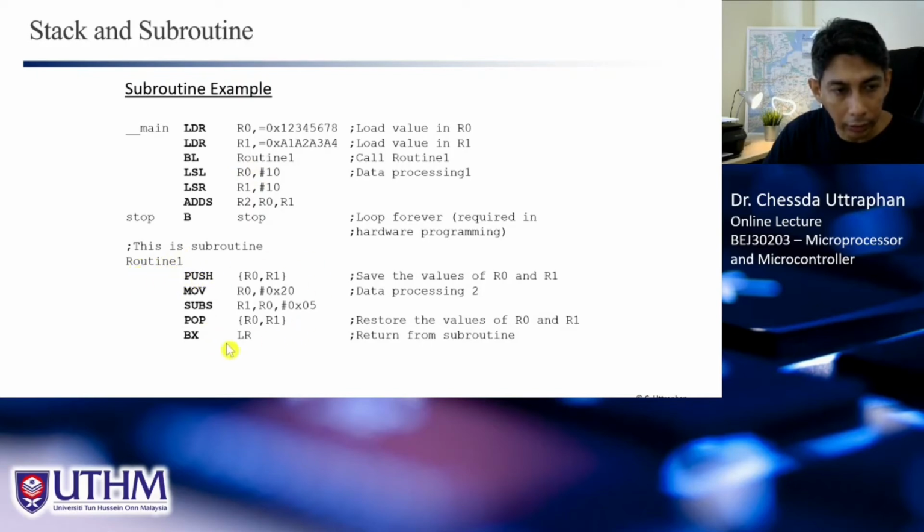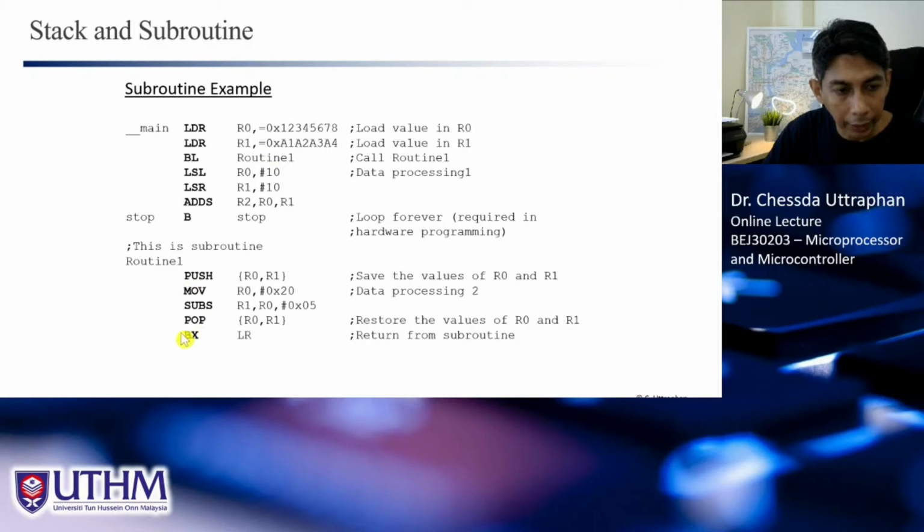So you see, in routine1, you can have many lines of code, right? And when you want to return from the subroutine back to the main program, the instruction to be used is BX. We will see later how this works. So when you call a subroutine, your microprocessor will go to the subroutine and execute all the instructions here.